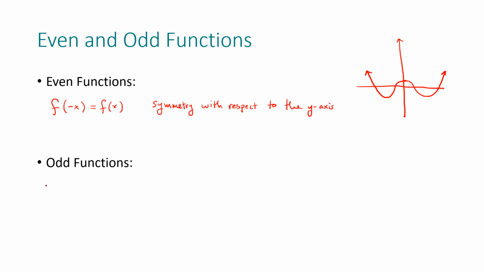An odd function has the opposite property. This is a different type of symmetry. We say this is symmetric with respect to the origin.